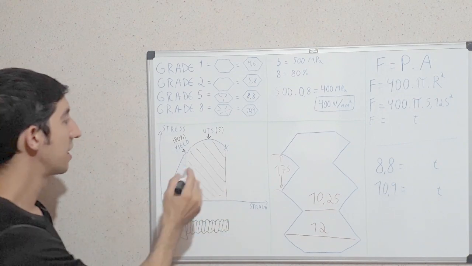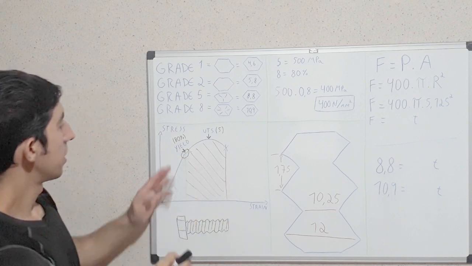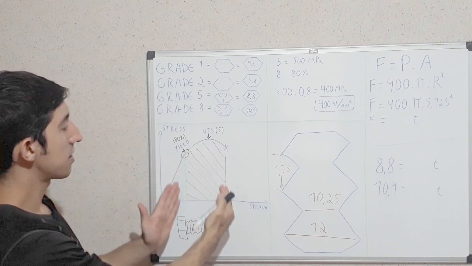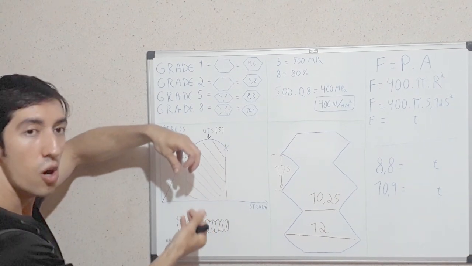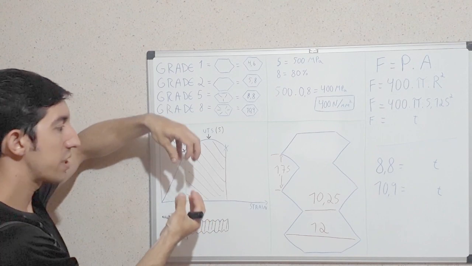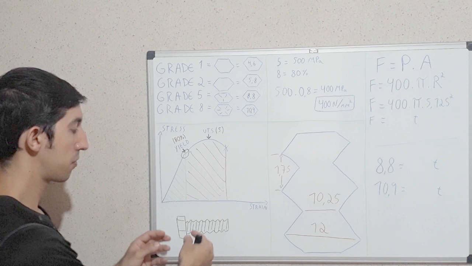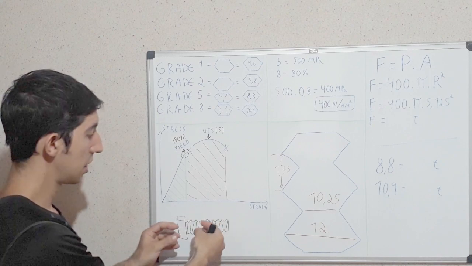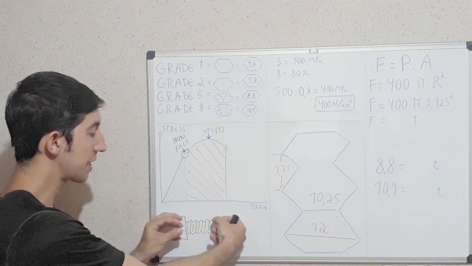If you pass this yield strength region here, the bolt enters this plastic region, where the bolt can deform and doesn't return to its original shape. So basically, if you tighten the bolt too much, it can stretch so much that it can break.